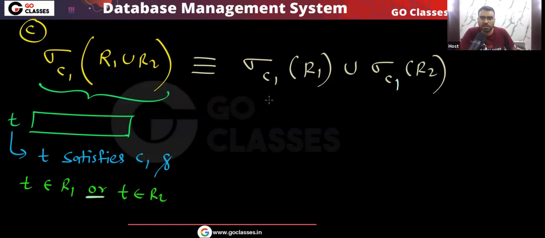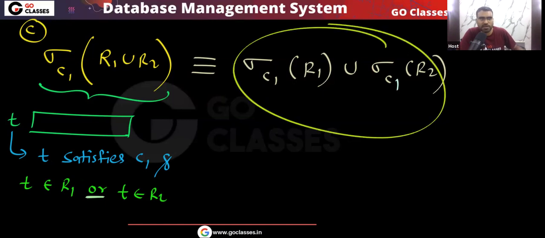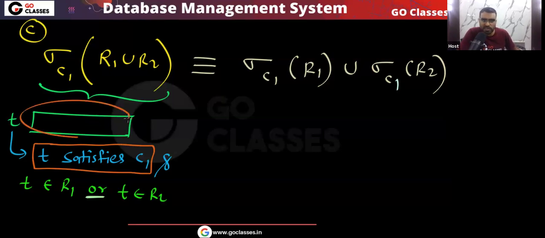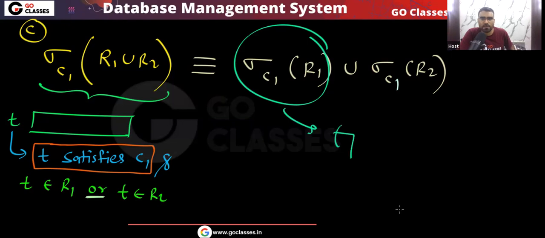Now you tell me, will this T be in this result? Yes. Because remember, if T belongs to R1 and already T satisfies condition C1, yes or no? So there is no problem. This tuple will satisfy condition C1. Now, if this T belongs to R1, then T will come here.